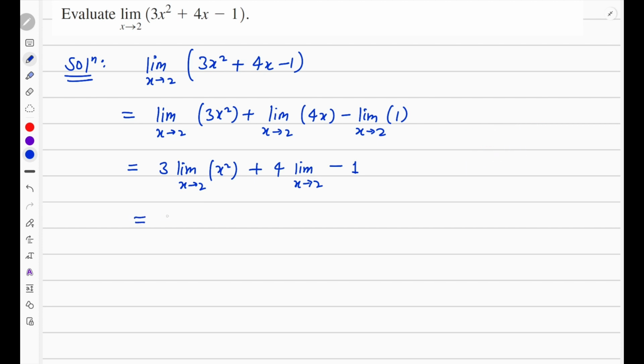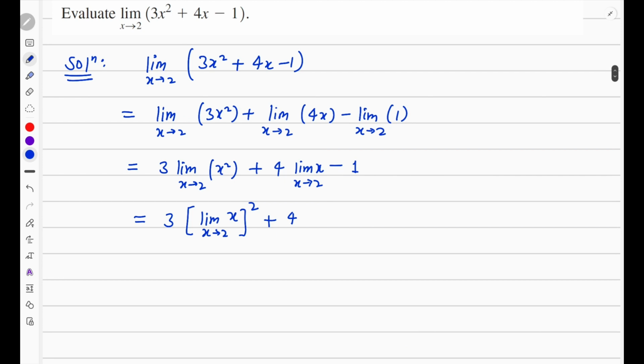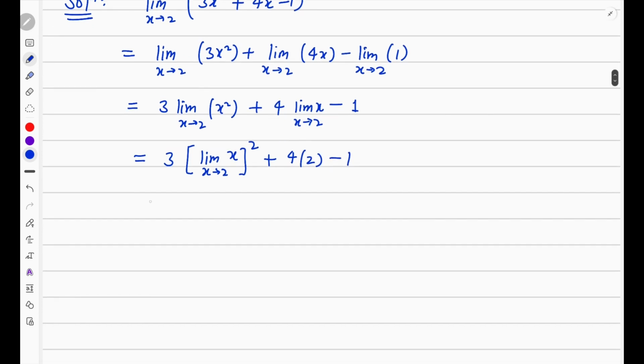Like 3 limit x approaches to 2, x square plus 4. When we apply limit x approaches to 2 for x, it will come 2, and minus 1.